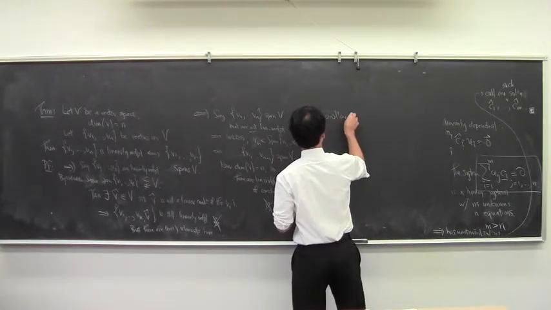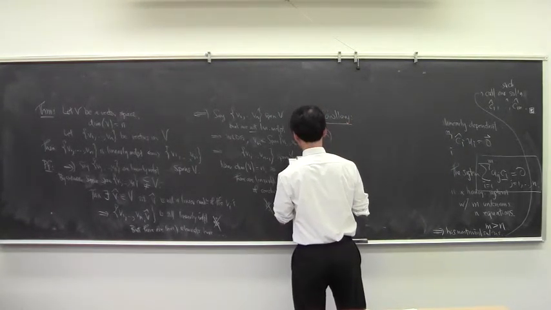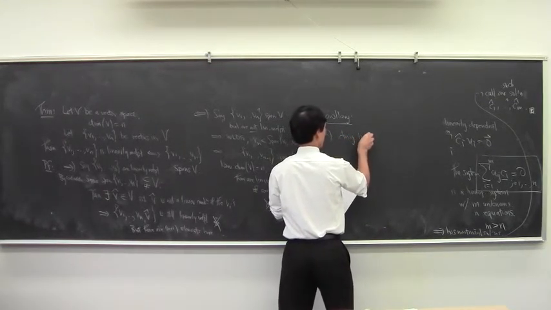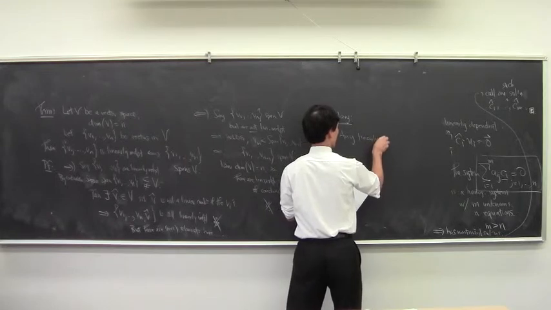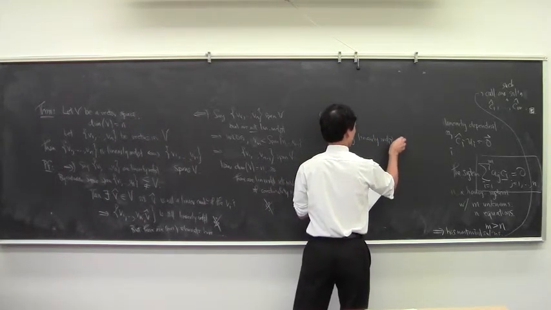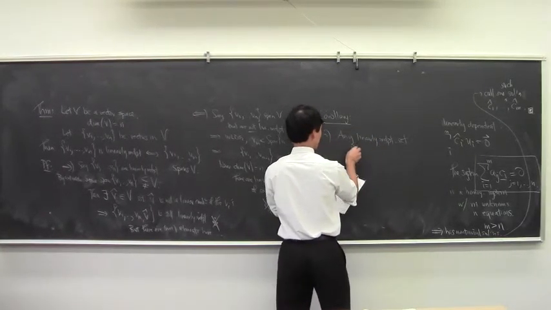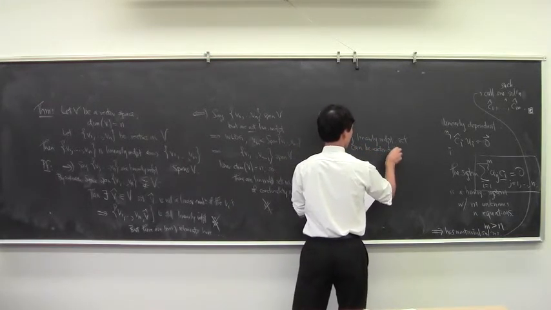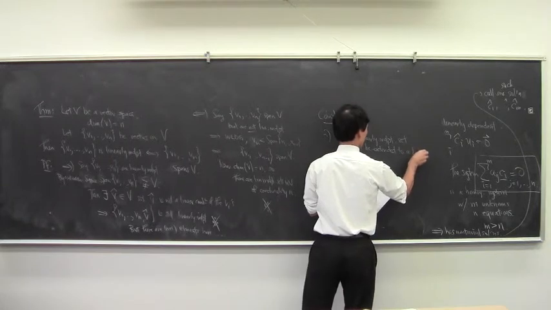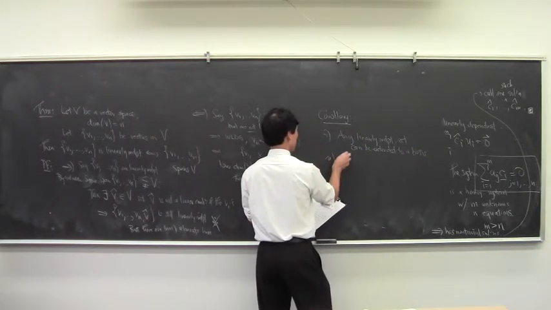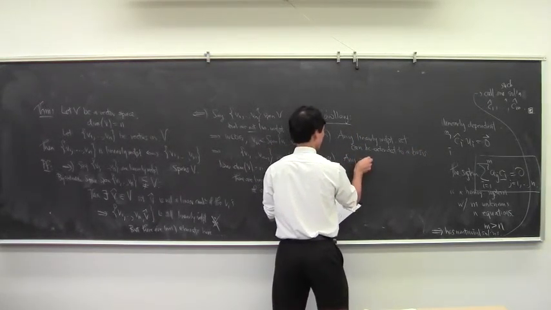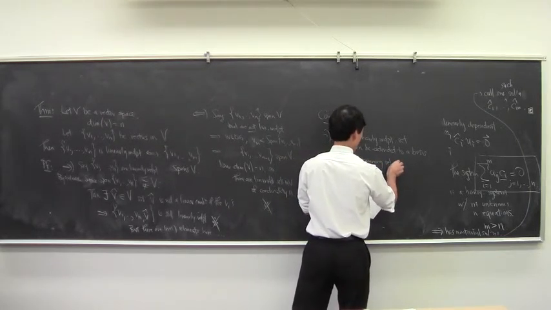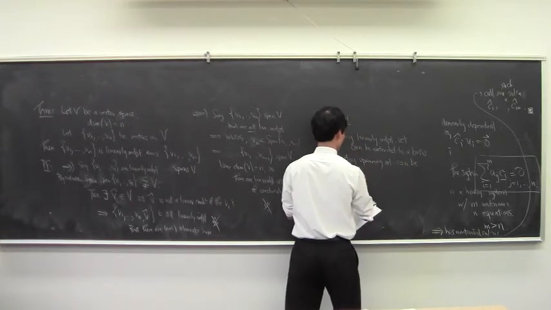An immediate corollary of the above theorem is the following: 1, any linearly independent set can be extended to a basis, and 2, any spanning set can be reduced to a basis.